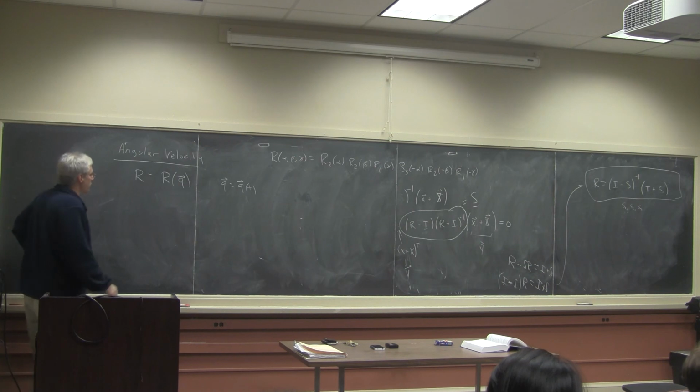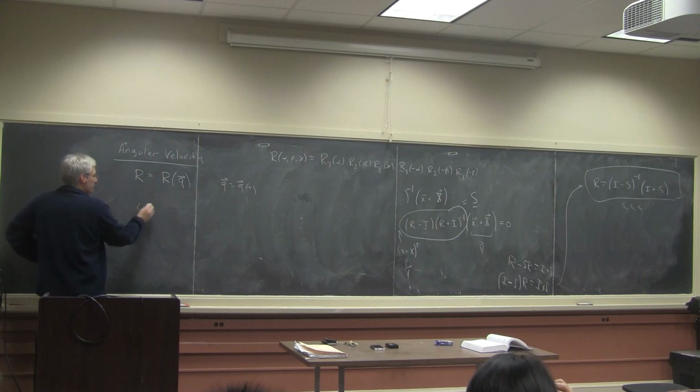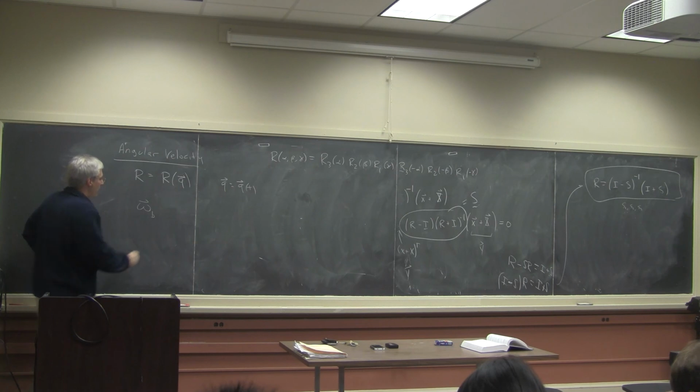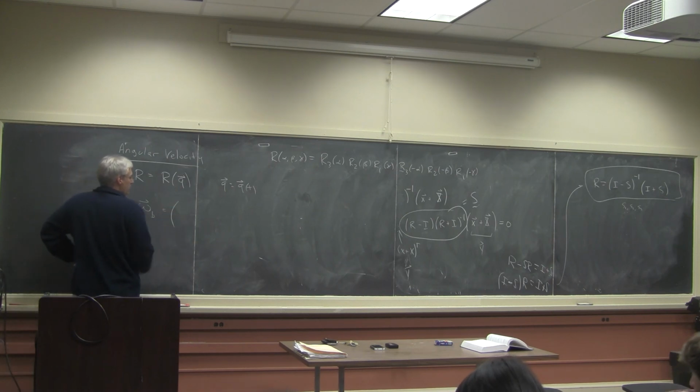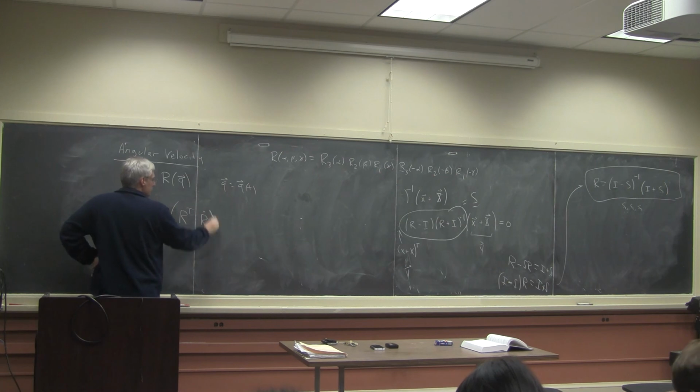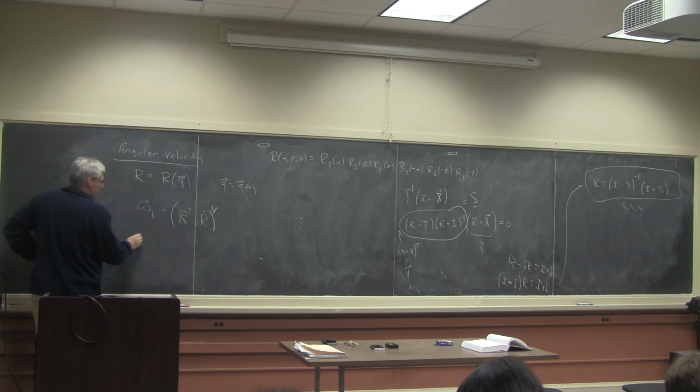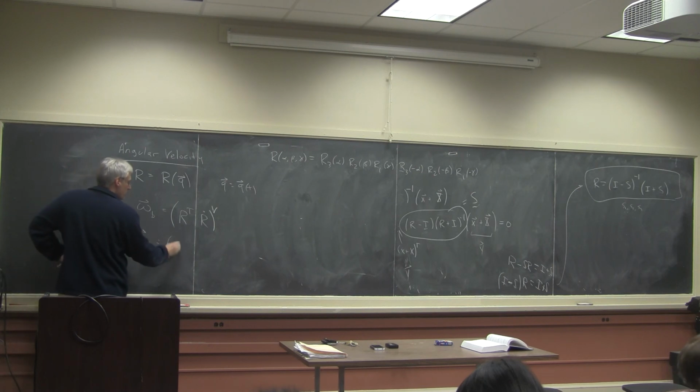And so it pretty much goes like what we talked about in the context of Euler angles. We know that the body fixed description of angular velocity is going to be the vector R transpose R dot, and the space fixed version of angular velocity is going to be the vector.